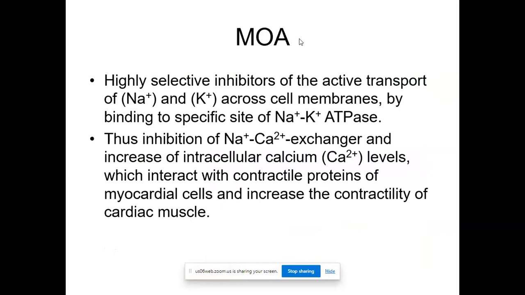But now the cardiac glycosides work by inhibiting the sodium potassium ATPase. So when you inhibit that, you inhibit the sodium from moving out and the potassium from moving in, and you in turn affect the sodium calcium exchanger, whereby in the cell the sodium and the calcium will increase and the potassium outside the cell will increase.